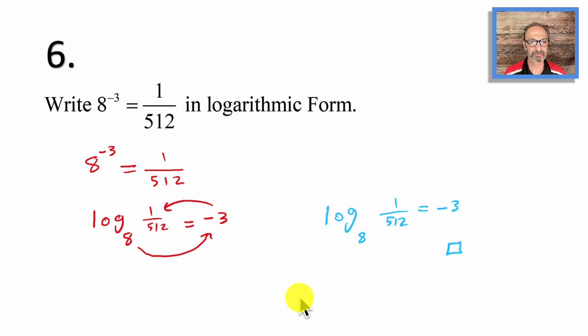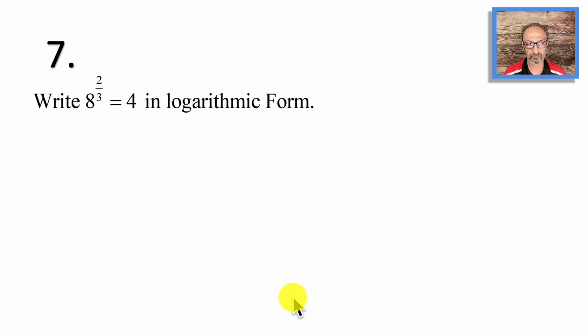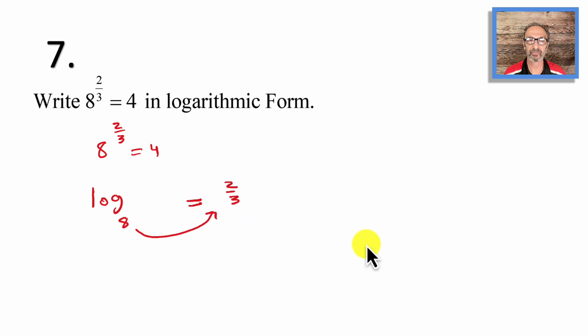Another example. To write it in logarithmic form, we start with log base 8. And after the equal sign, we write the 2/3. Inside, we write 4. Okay, one more example.